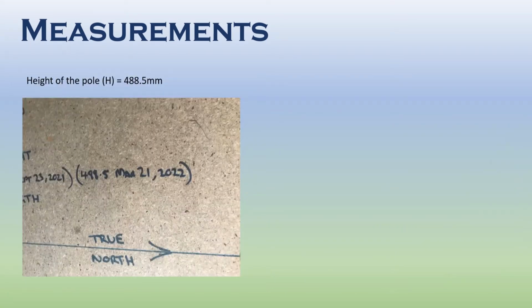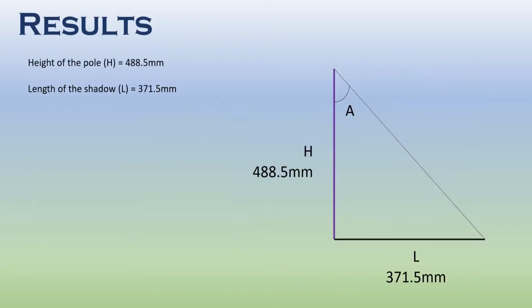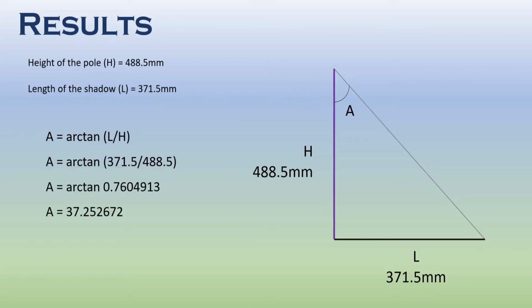So we have a height of the pole of 488.5 millimeters, a length of the shadow of 371.5 millimeters, and working out our figures from our geometry, we get an angle and our latitude of 37 degrees, 15 minutes, 9.62 seconds.